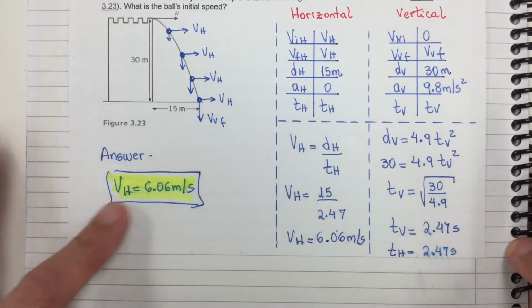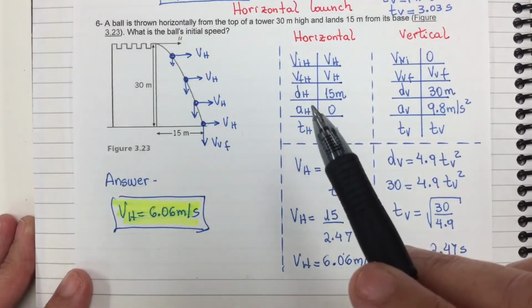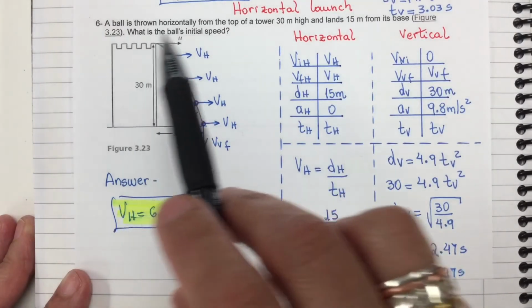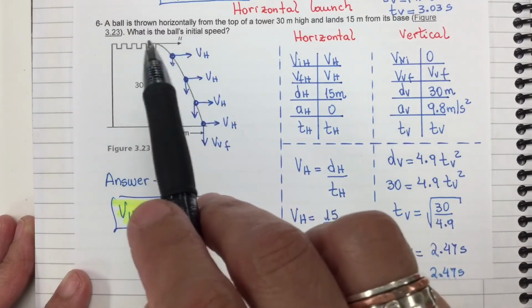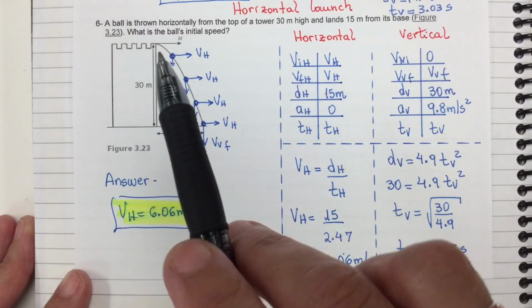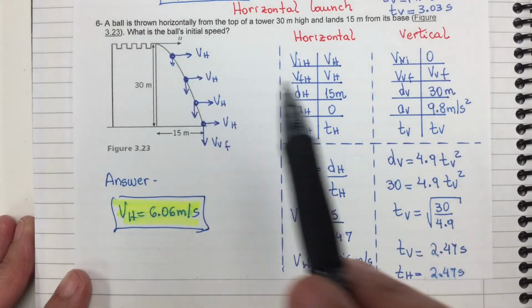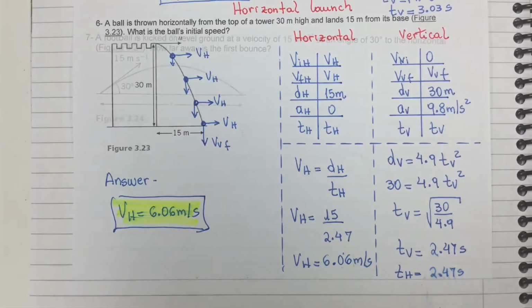Now you are thinking, so here the problem is not asking the horizontal velocity. Not directly. It is asking the initial velocity of the ball. So the initial velocity here is our VH. So that's why we can calculate through this horizontal table.